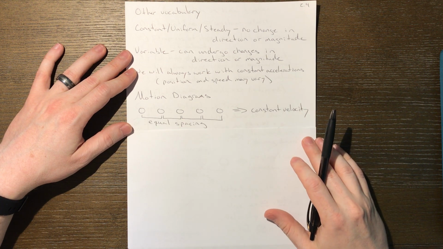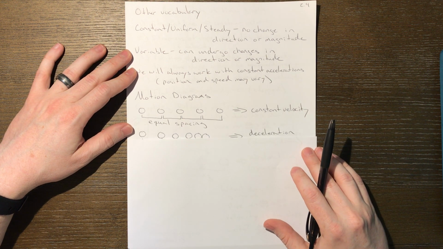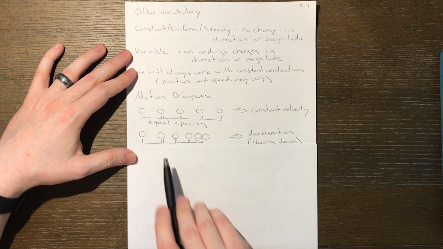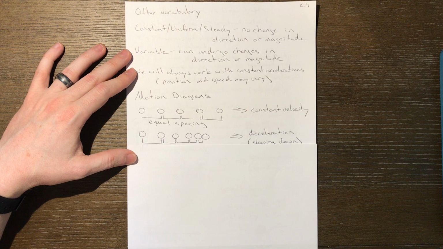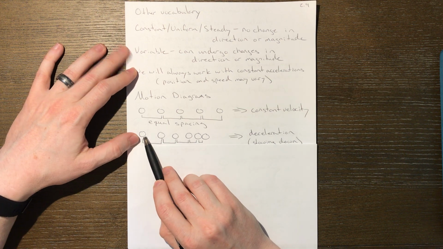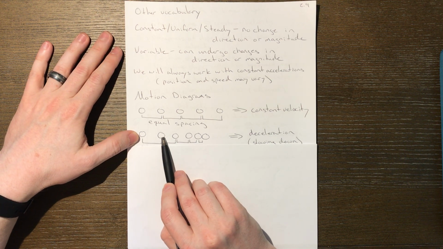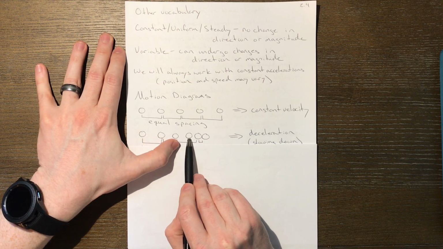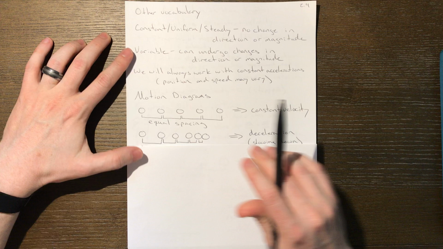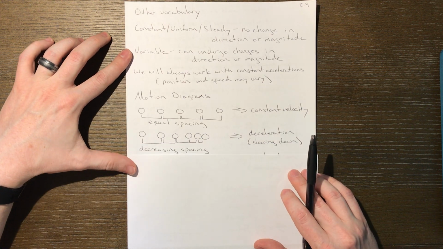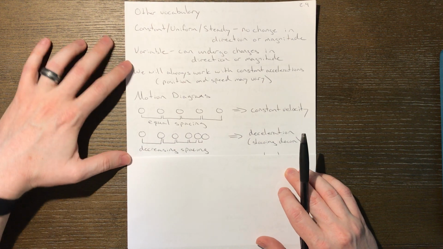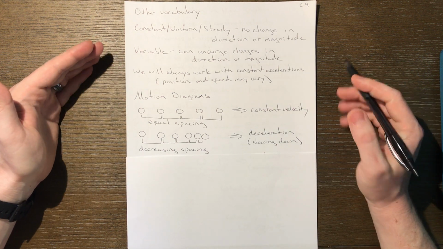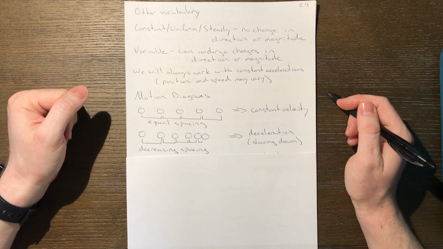Alternatively, we could have a picture that looks something like this. In this image, we can see the ball starts, covers an amount of space, and then it covers a little less, and even less, and less, and less. There are decreasing spacings between these images. It's covering less space in equal amounts of time.